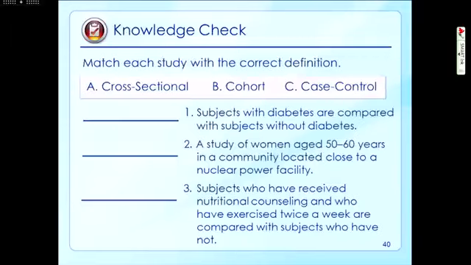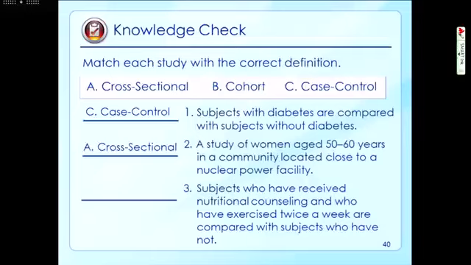Examine the terms on the slide and match each study with the correct case definition. Study 1. Subjects with diabetes are compared with subjects without diabetes. This is C, a case control study. A study of women aged 50 to 60 years in a community located close to a nuclear power facility is what kind of study?